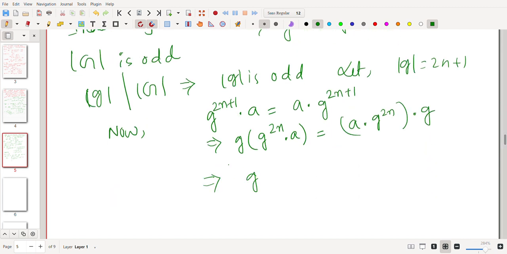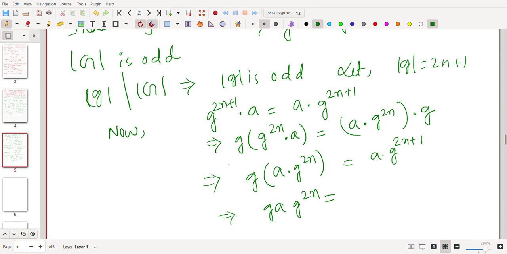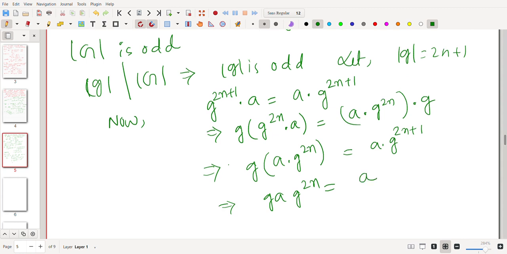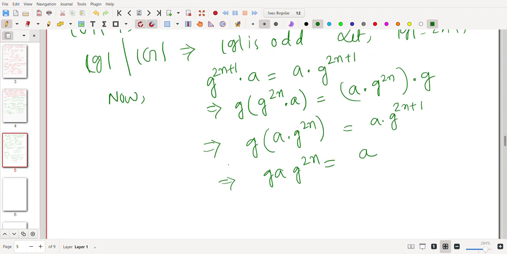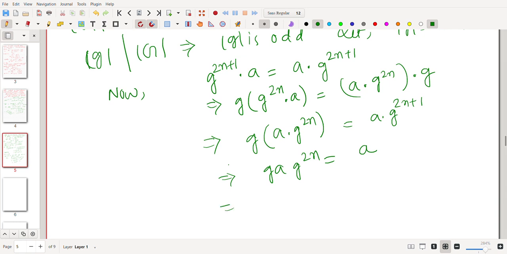Again, we know from the previous case that g power 2n times a is basically a times g power 2n, which is same as a times g power 2n plus 1. Again, g power 2n is basically same as a, because g power 2n plus 1 is identity that we have already assumed.